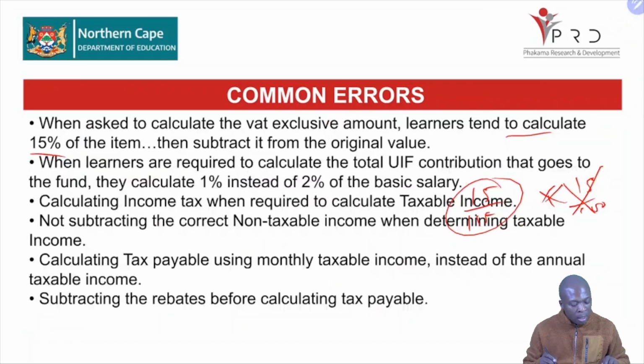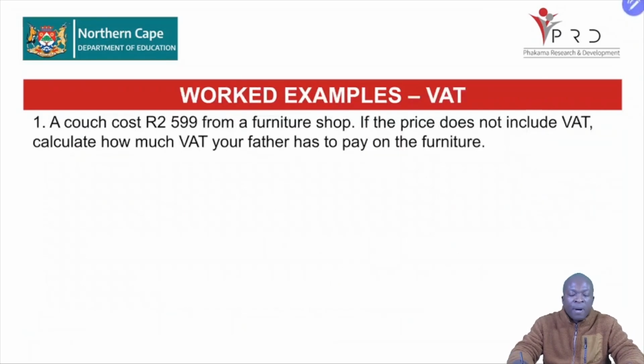That's a mistake. If the person is from secondary, you subtract primary rebate, you subtract secondary rebate. Just like if the person belongs to tertiary, you subtract primary, subtract secondary, subtract tertiary, so that the person will pay less tax. Remember, for the person to belong to tertiary means they are old, they are over 75 years.